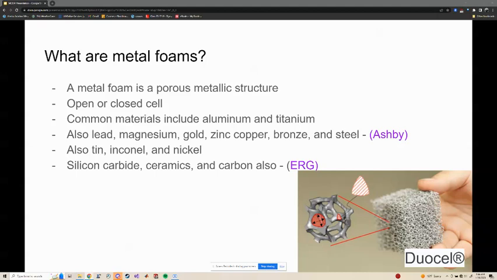ERG Aerospace, which is the manufacturer of Duocell foam, also lists tin, Inconel, and nickel as metallic foams that they manufacture under the name Duocell. And also silicon carbide, ceramics, and carbon are similar materials. However, they are not technically metal and will therefore not be discussed in this presentation.